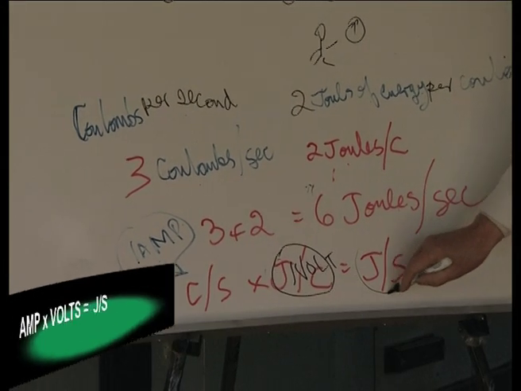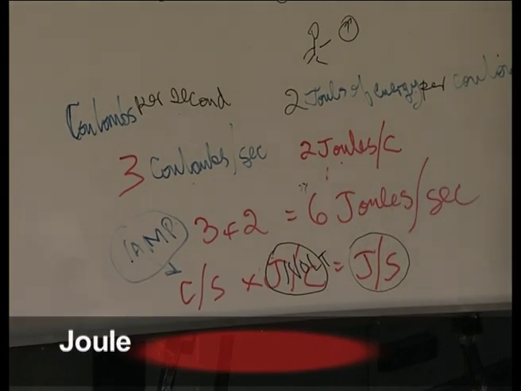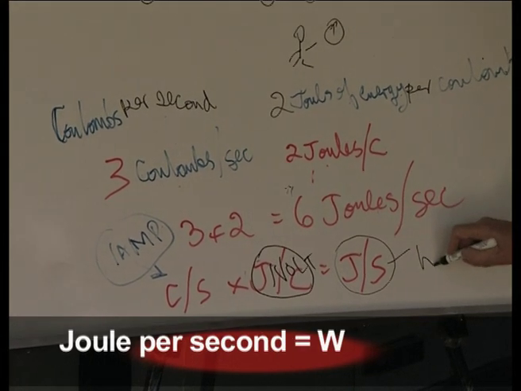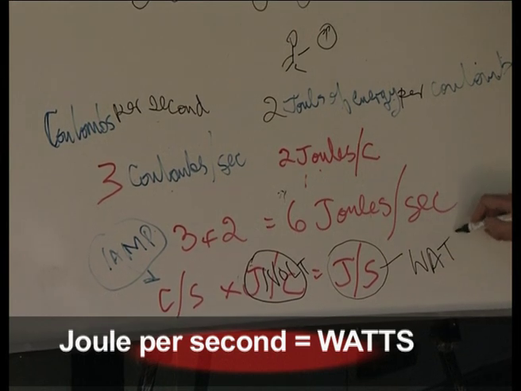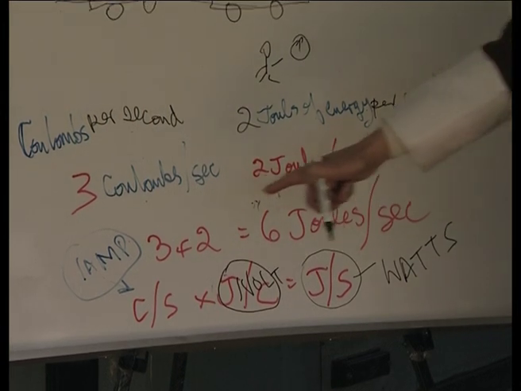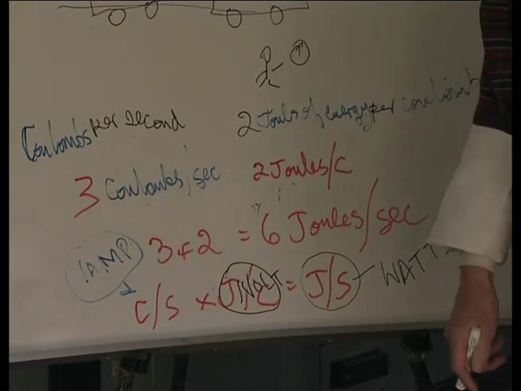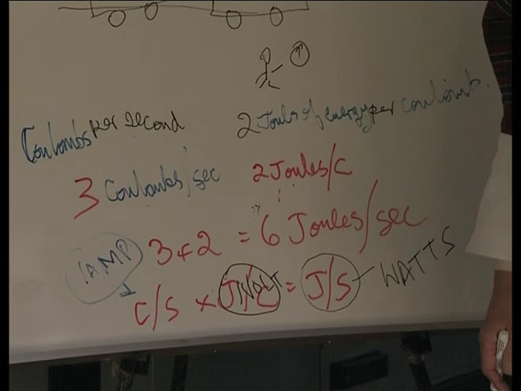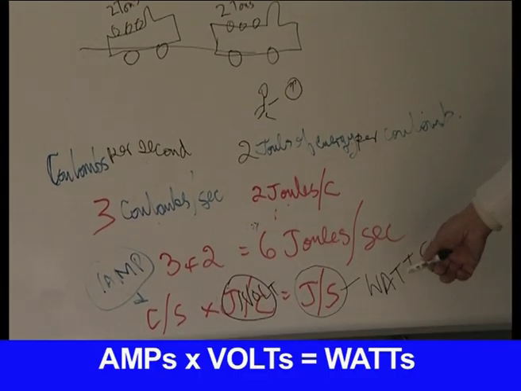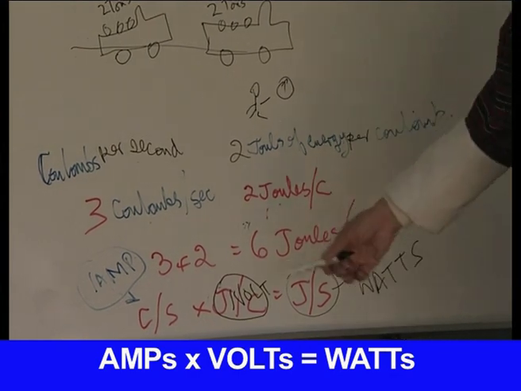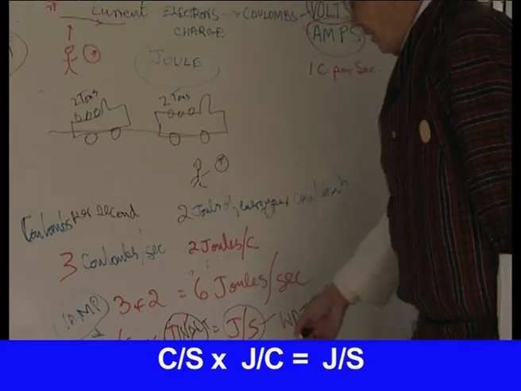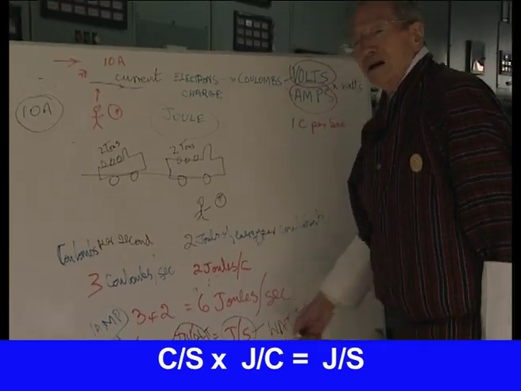A joule per second, you will have learned, is a measure of power, energy per second, and that is given the name watts, a watt. So we have the simple deduction, thinking about our trucks carrying stones, amps multiplied by volts gives us watts, or coulombs per second multiplied by joules per coulomb gives us joules per second.